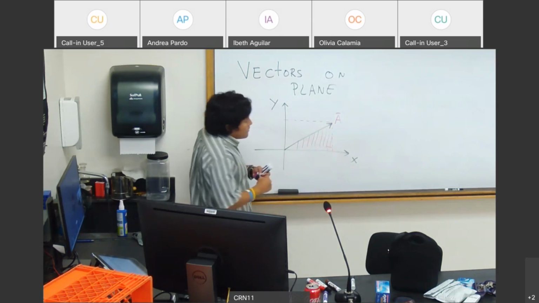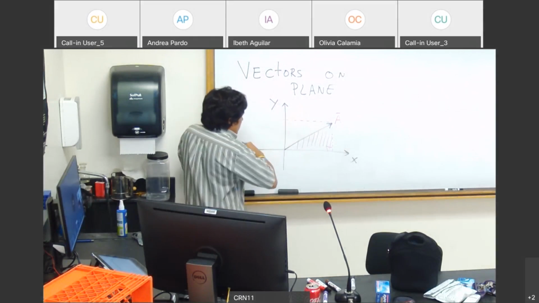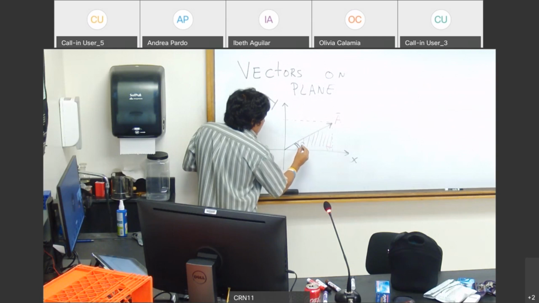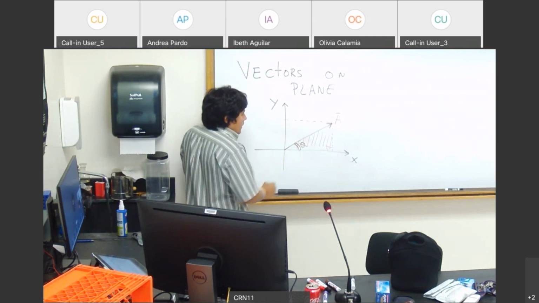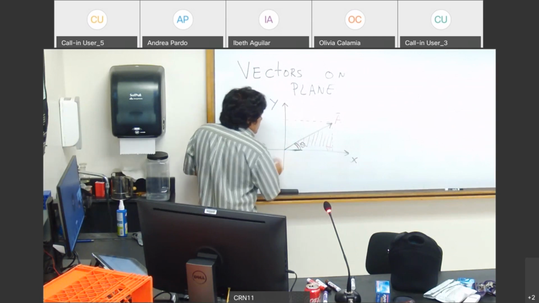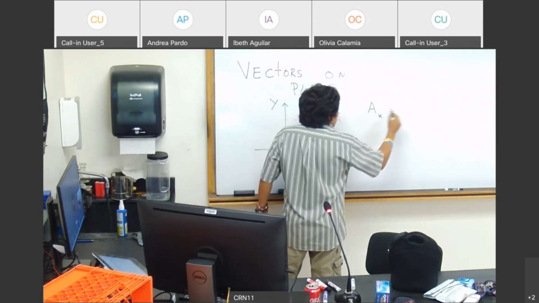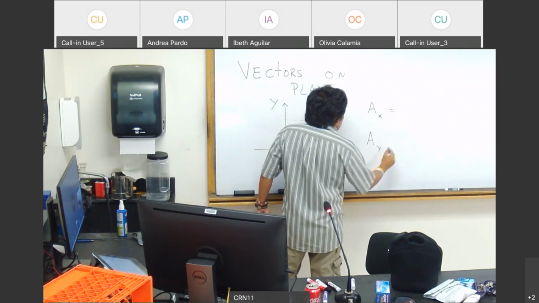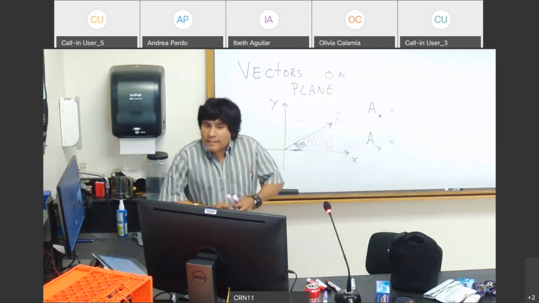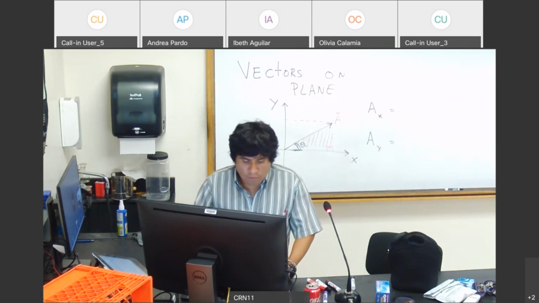The only piece of information that we need to break the vector into components is the angle. It's called angle theta here. That angle there is the one that we're going to use to find AX and AY. These are the components of the vector on the x-axis and on the y-axis.